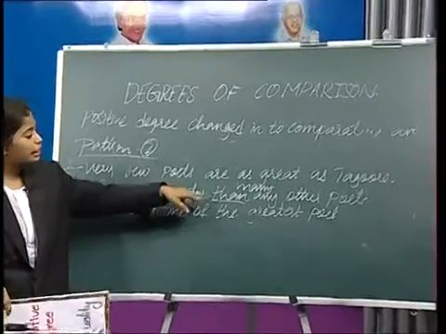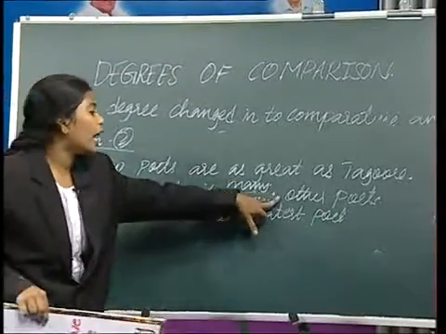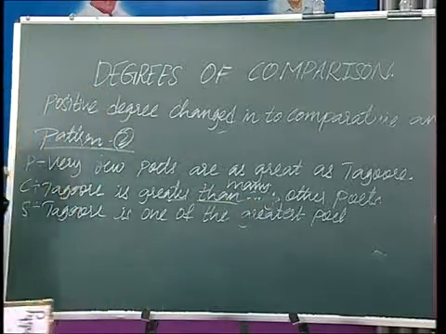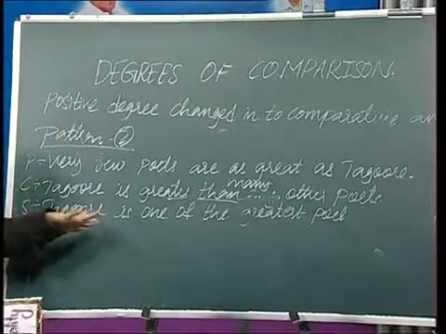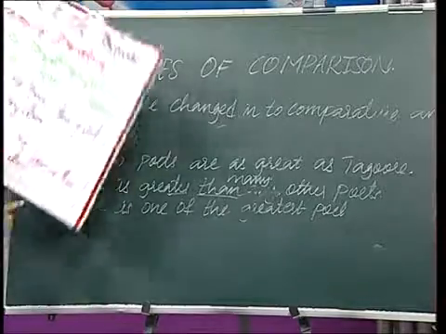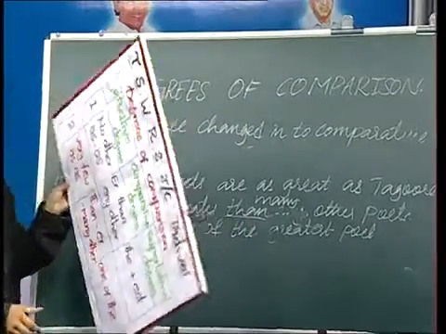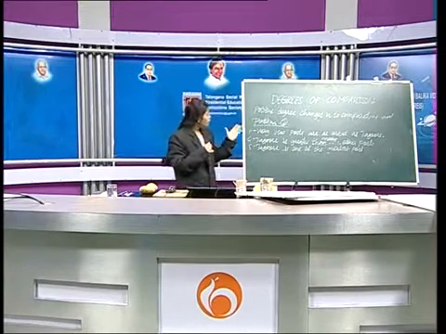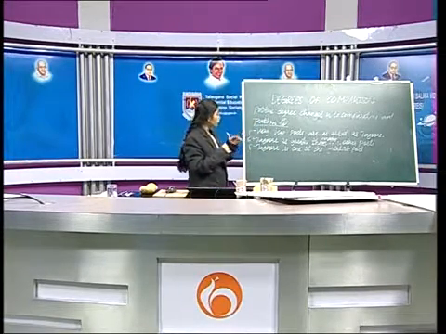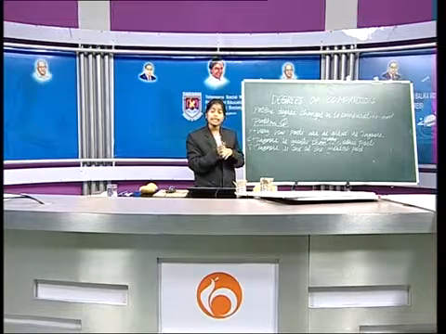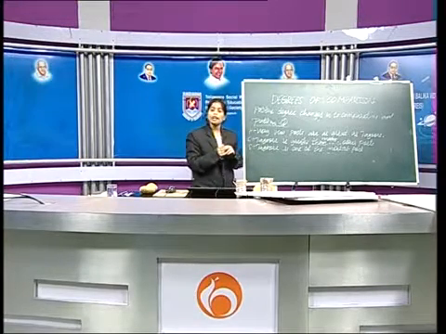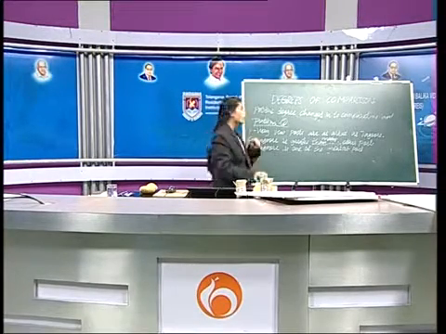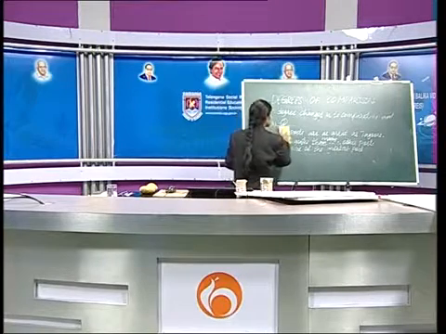Tagore is greater than many other poets. In the superlative, Tagore is one of the greatest poet. So friends, when the positive form is given, we learned how we have to change the sentence into comparative and superlative form. Let us do one example of this.